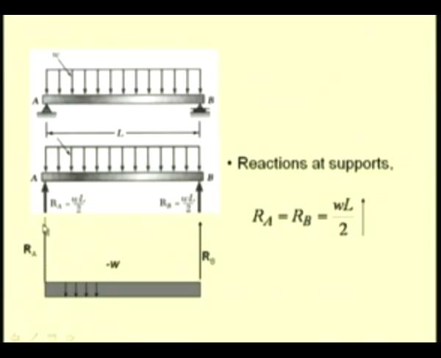So, we mark it as a point load or a concentrated load at this point A, and at B we have the reaction RB, whose magnitude is again WL by 2. So, we mark it as a concentrated load. In between A and B we have this uniform load, which is negative because it is a downward load, and so we mark minus W newton per meter. So, this shows the negative loading between A and B.